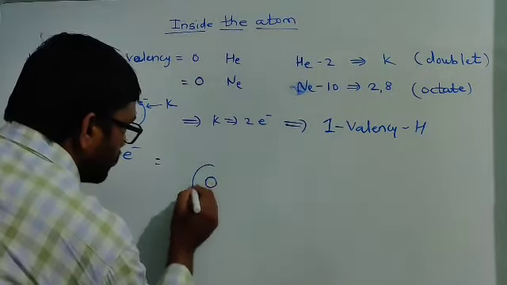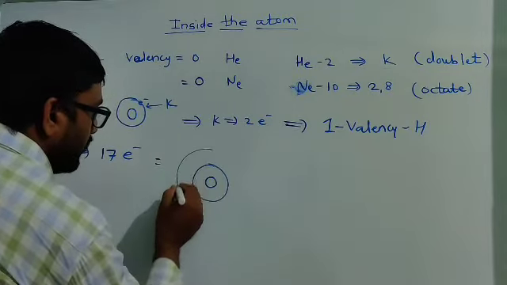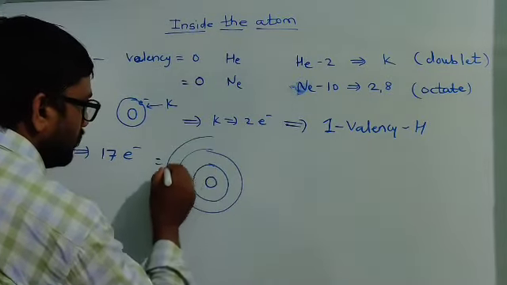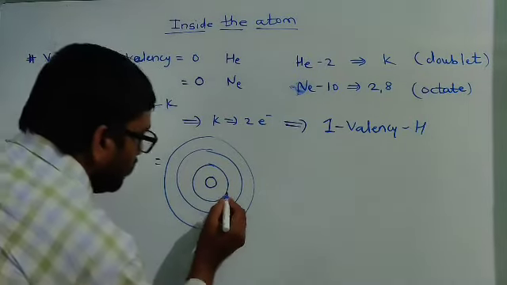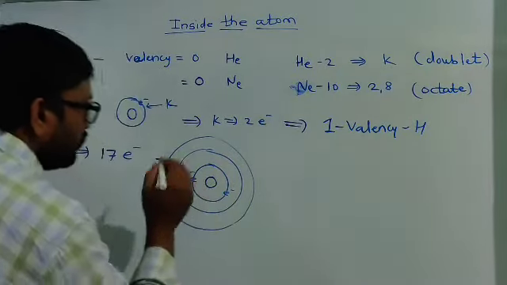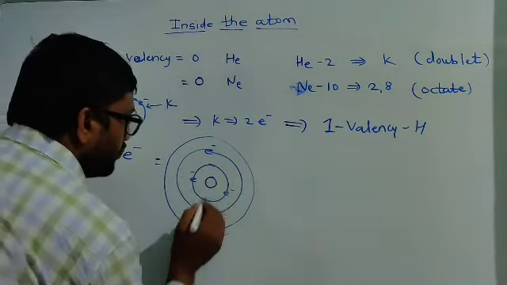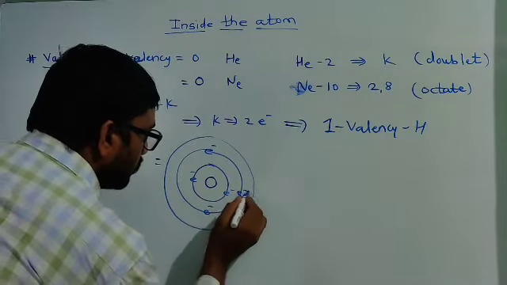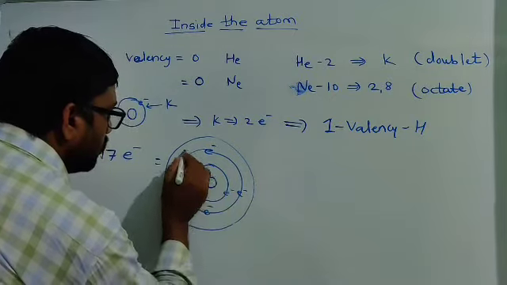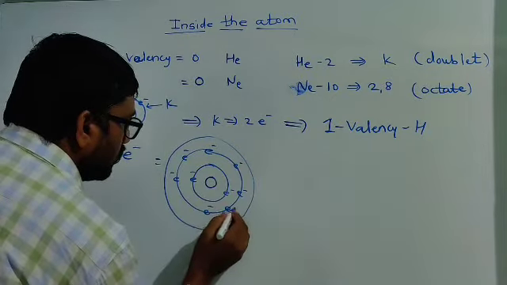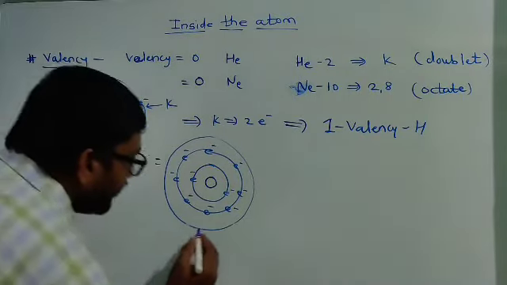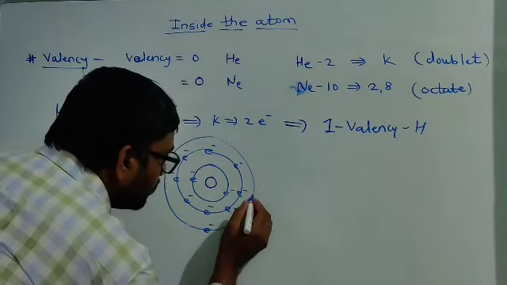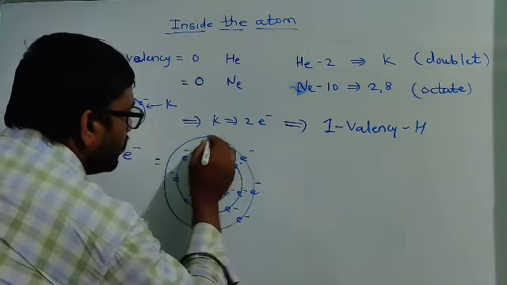We draw the atomic structure here: K shell, L shell, M shell. In the first shell K only 2 electrons, and here 8 electrons are there. Now 2 and 8 make 10. Now 7 electrons are present over here.